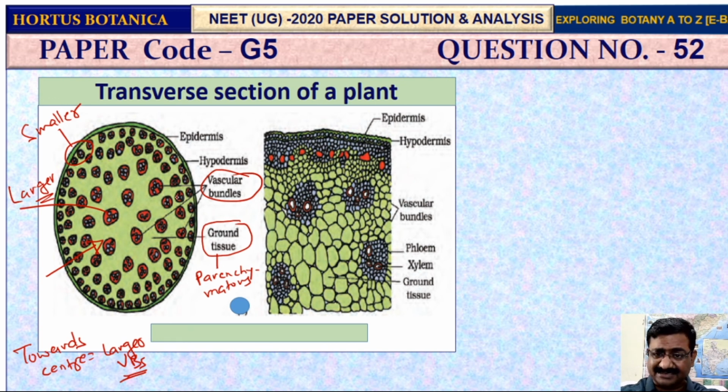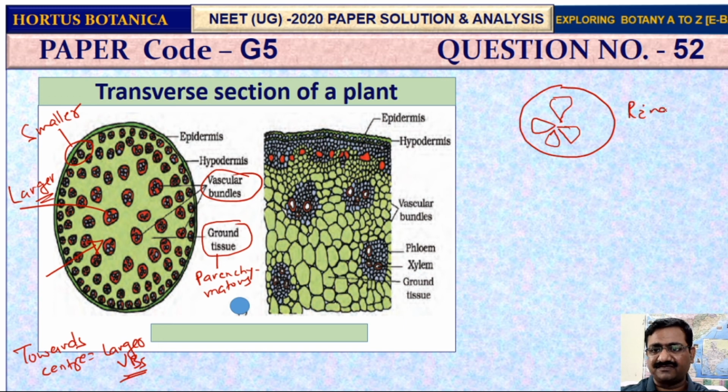But mind well, in the case of dicot, what do you find? They are found in a ring arrangement. Remember, like this, a ring arrangement. This is the characteristic feature of the dicot stem.